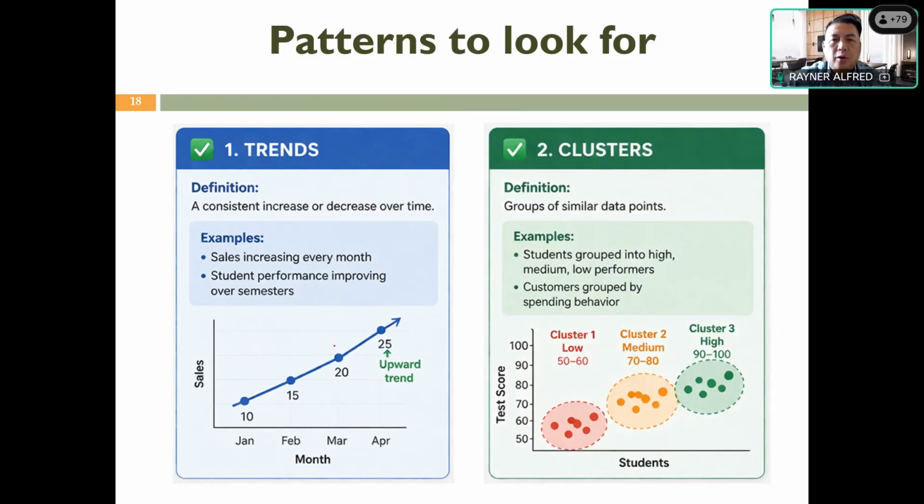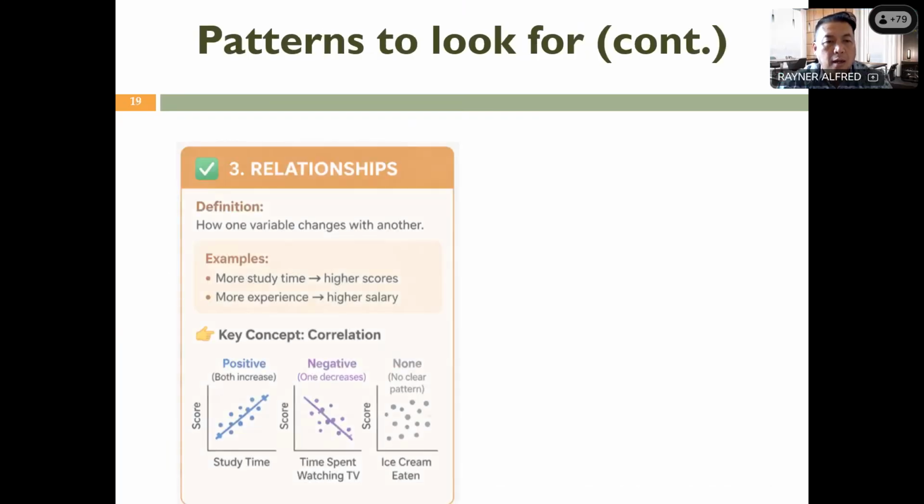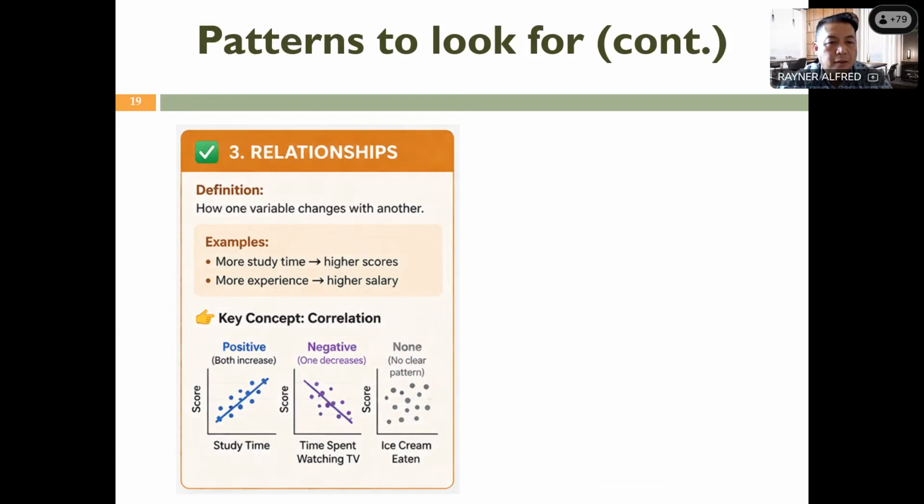So using the visualization tools, we can visualize this. We could also, based on the trend, look at the correlation, so positive or negative or none. So correlation can also be computed using the tools that we have.